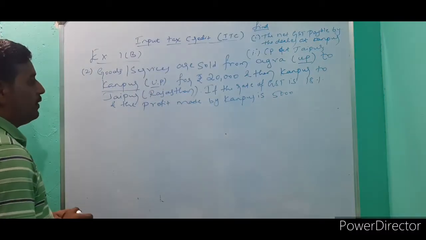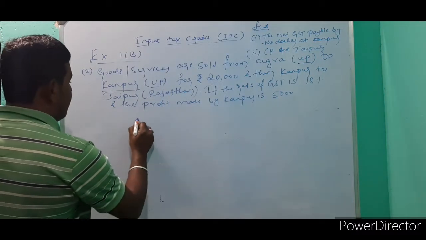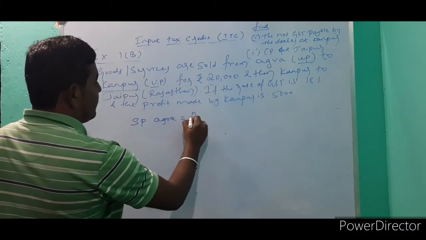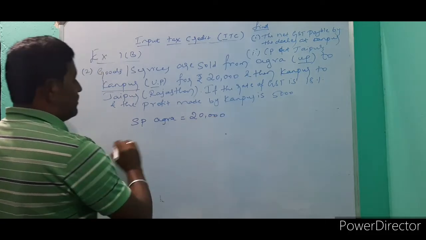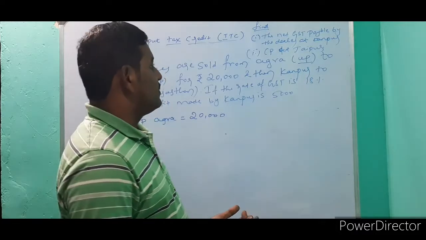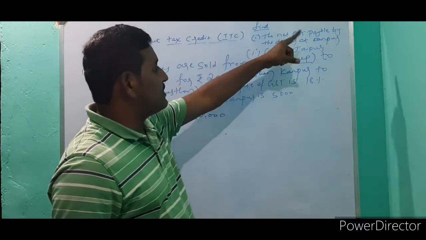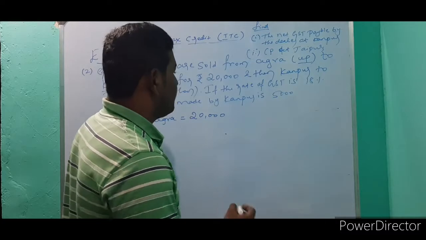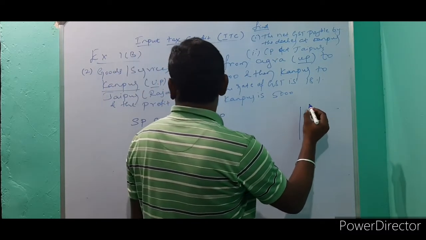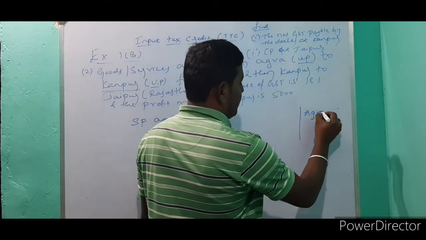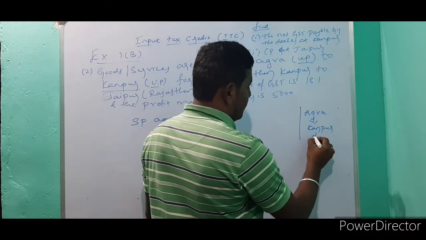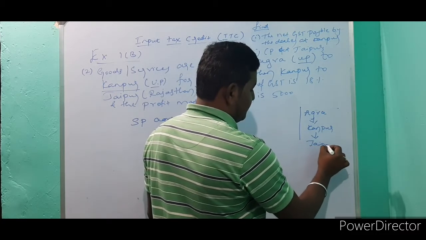First we have to check the selling price of Agra, that is 20,000, from Agra to Kanpur. Here we have to find the net GST payable by the dealer Kanpur. The transaction happens from Agra to Kanpur, then Kanpur to Jaipur.